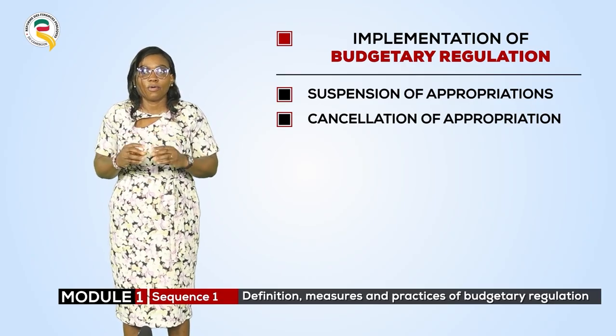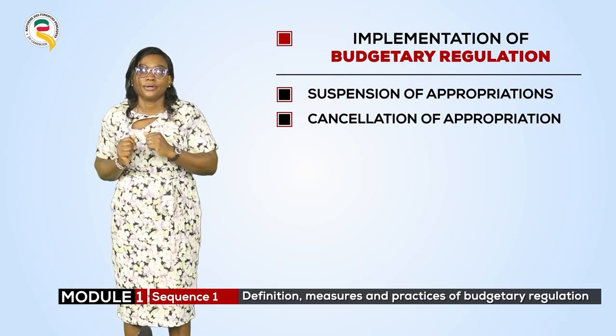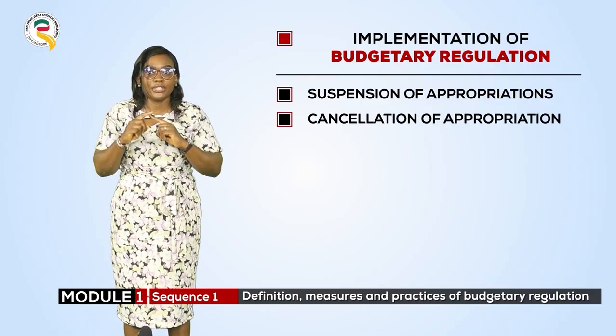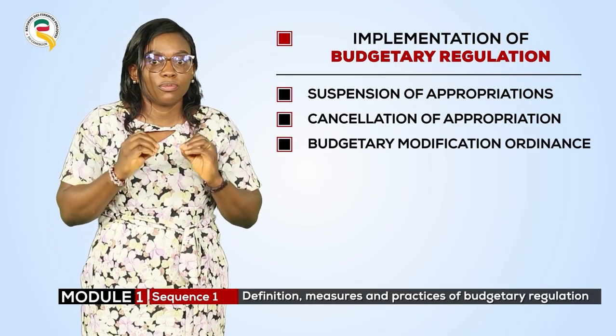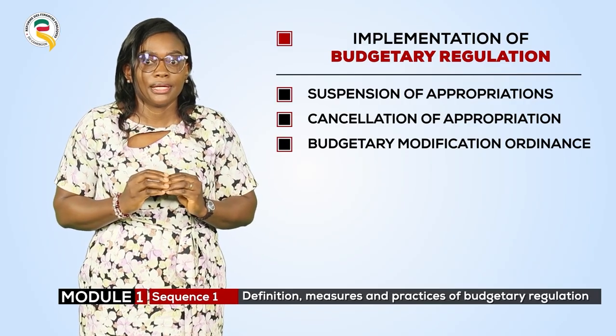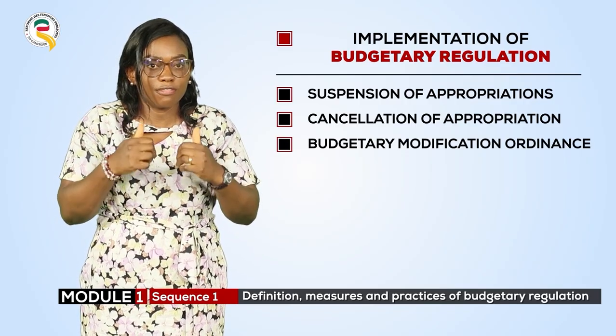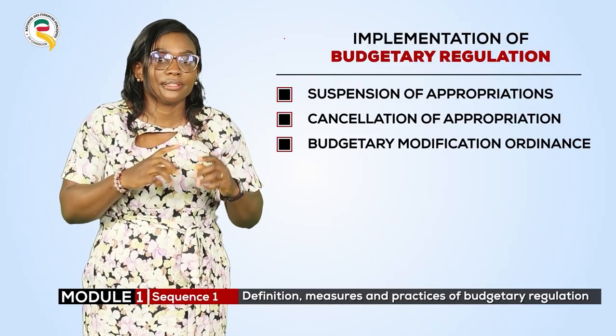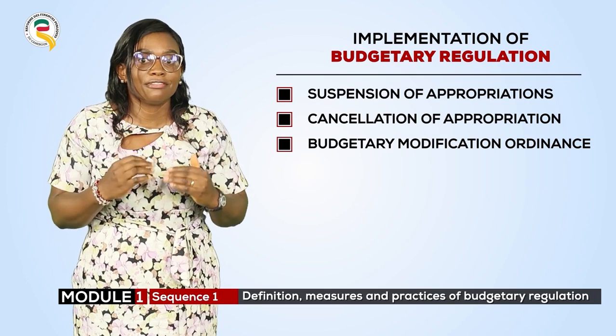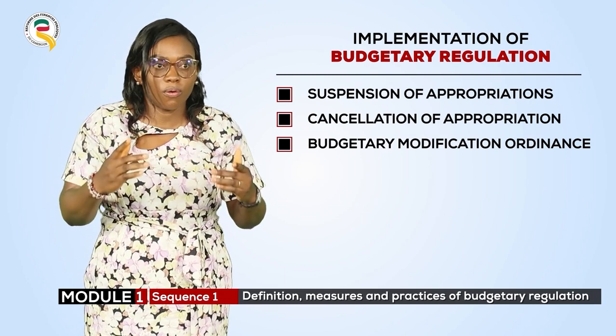This takes the form of a cancellation order, a copy of which is sent to the Parliament. Budgetary modification ordinance. This is used when favorable or unfavorable events necessitate the passing of an amending finance bill during the course of the year.